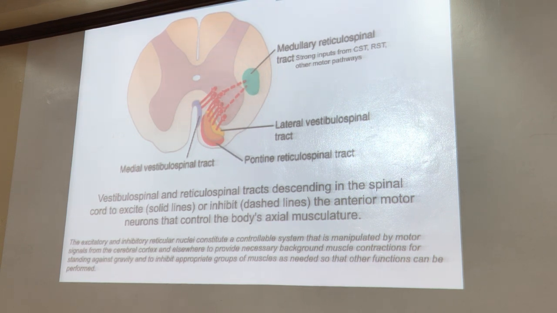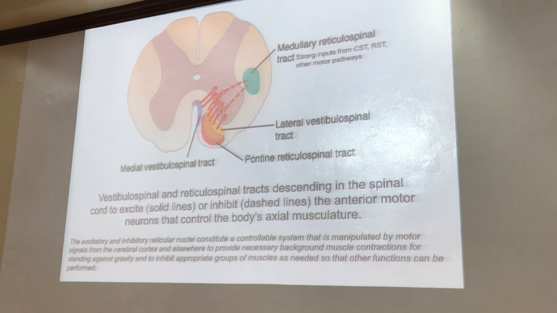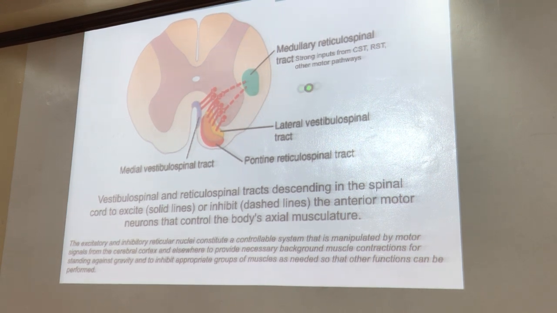So if you decide, kagaya kanina, nakaupo siya kanina, pero you want to excite the anti-gravity muscle. So what would act there? The signal would also be coming from your medullary and your vestibulospinal tract, exciting the anterior horn cell for anti-gravity muscles to act. Tayo ka na, di ba?